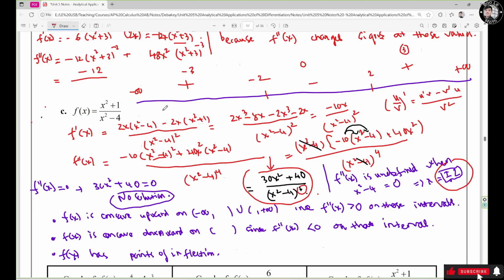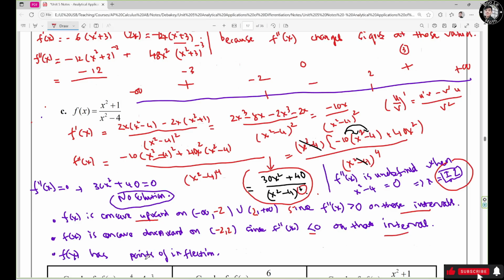So you can conclude that f(s) is concave upward on the interval negative infinity to negative 2, and 2 to positive infinity, since f''(s) is greater than 0 on those intervals, right? Now f(s) is concave downward on the interval negative 2 to 2, since f''(s) is less than 0 on that interval, right?